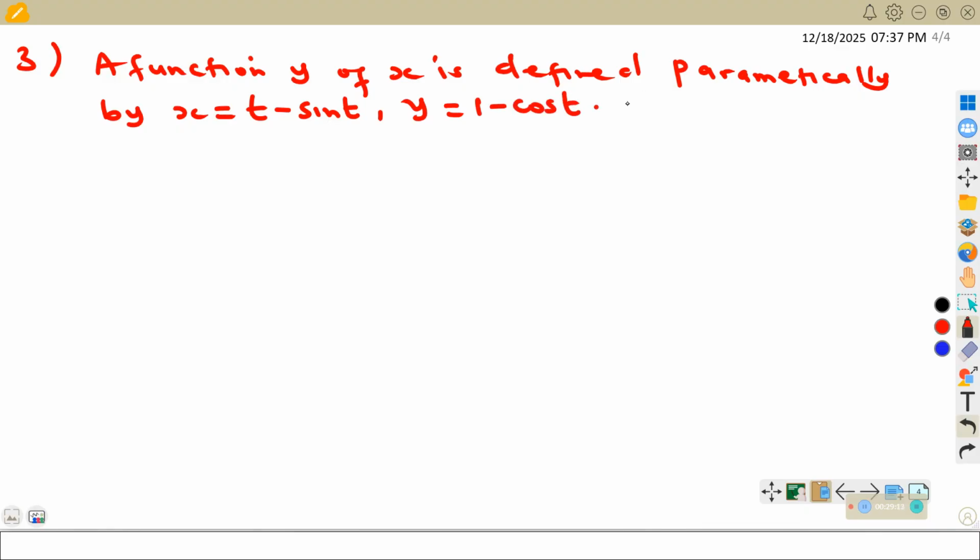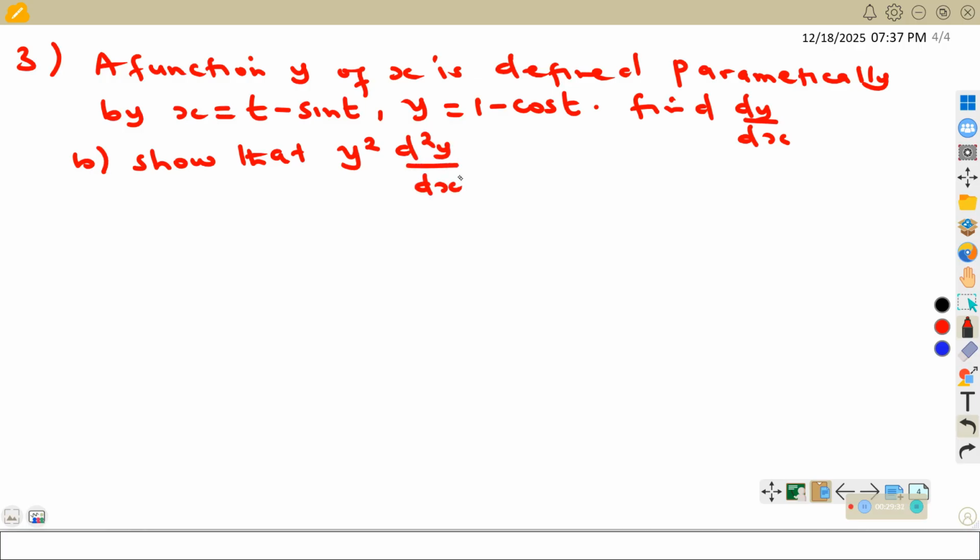What we need is to find dy/dx and to show that y squared d2y/dx squared plus 1 is equal to 0.